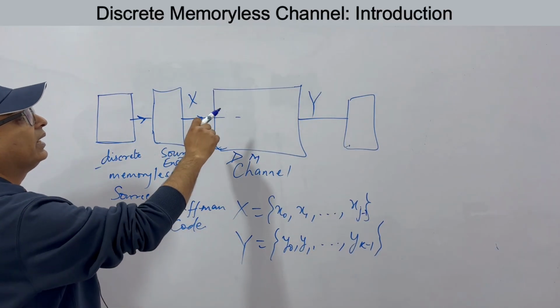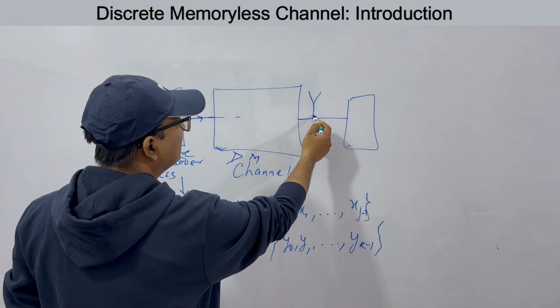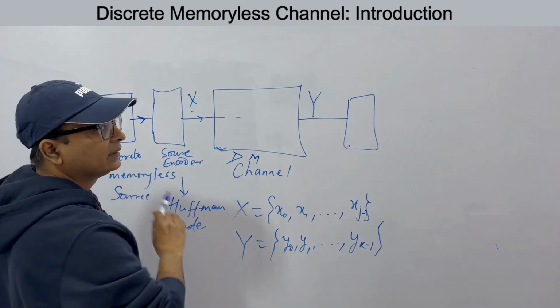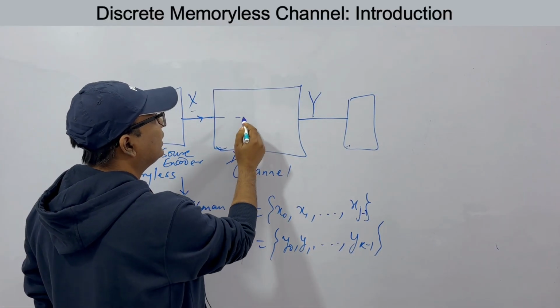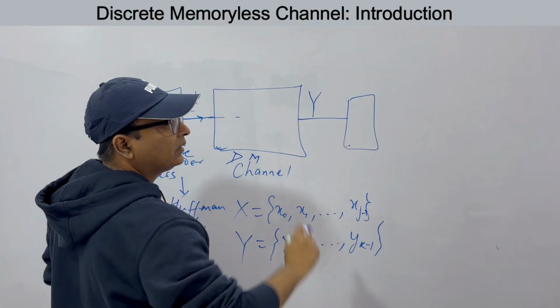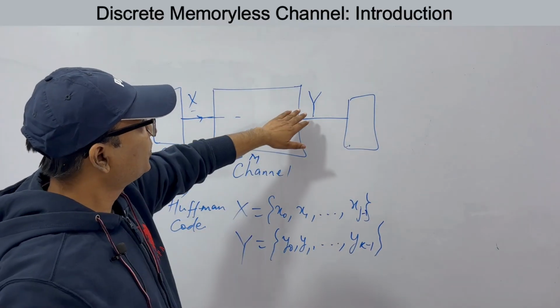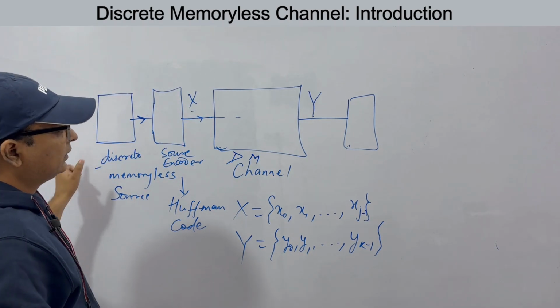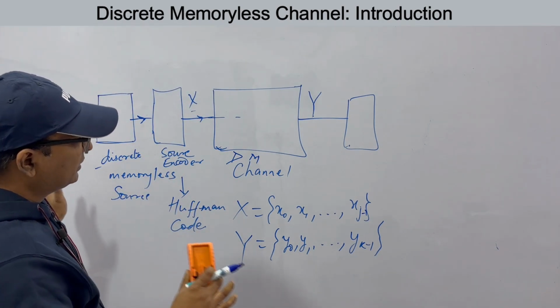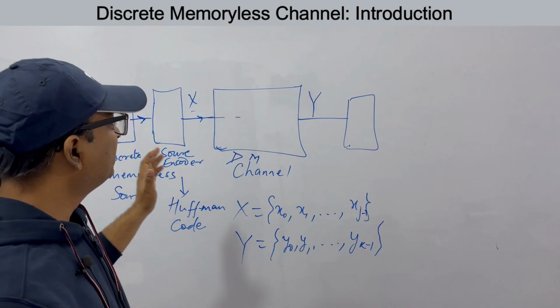Similarly, here also we will have noise. So y is the noisy output of x. Clear? That is, along with x we add noise, and so we get y, this output here. Okay. So this is the representation of discrete memoryless channel.